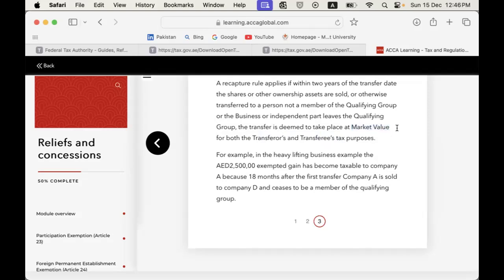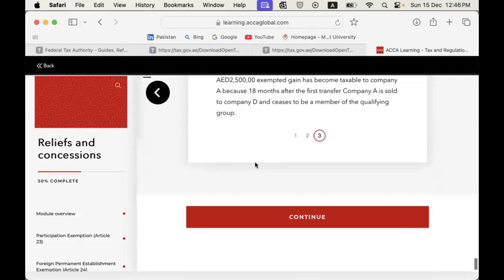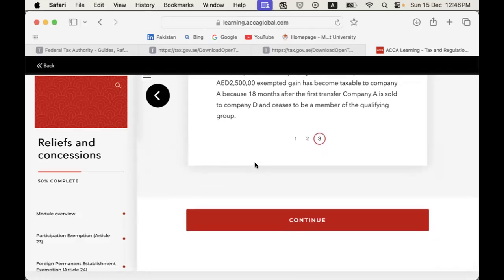Then market value will come into play. Then the original transfer will be revisited and the market value will be seen. So if you remember that 7.5 million dirham worth of transfer of business, there was a gain of 2.5 million. That gain will be taxed if the 2-year rule is violated.